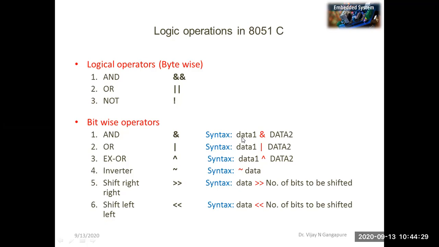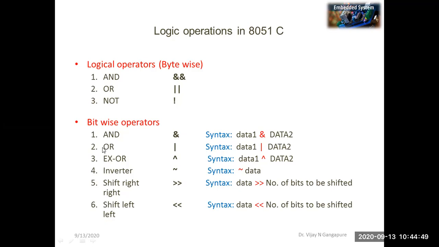In this way it will go up to bit number D7. So in this way the bitwise AND operator operates on data 1 and data 2, means bitwise ANDing operation takes place and it produces the resultant byte.